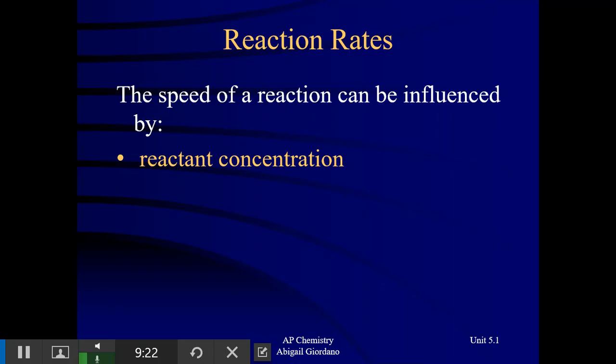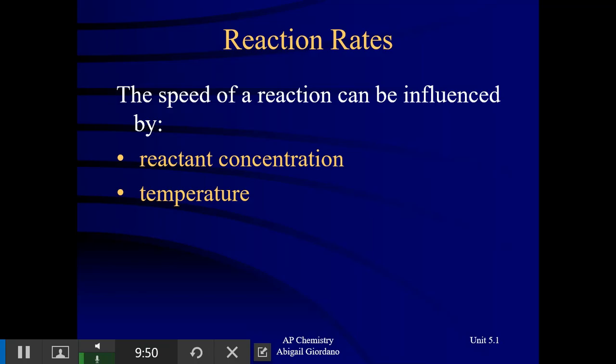The more collisions there are, the faster the rate will be. If I were to increase the concentration of a reactant, it's like crowding more people into a room. The people are going to bump into each other more if there's more people in there. The more reactant there is, the more collisions, the greater the speed will be.